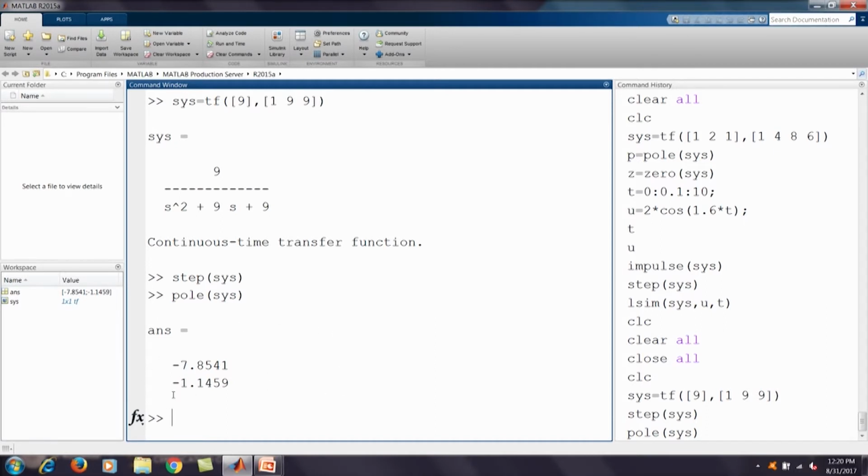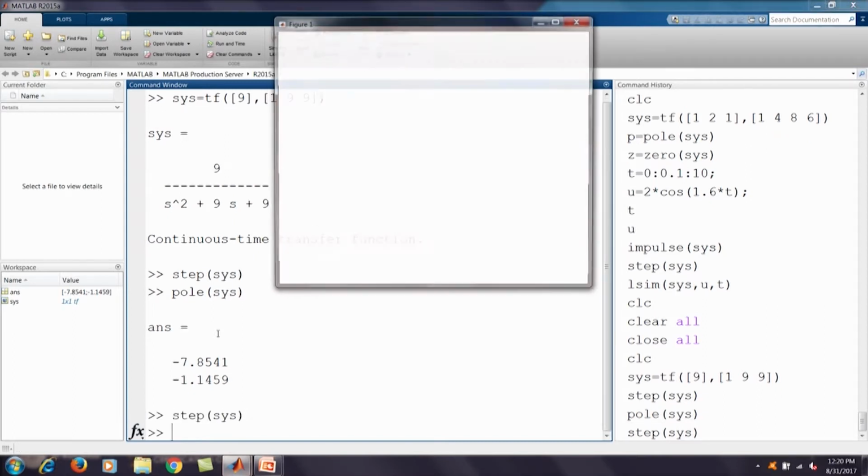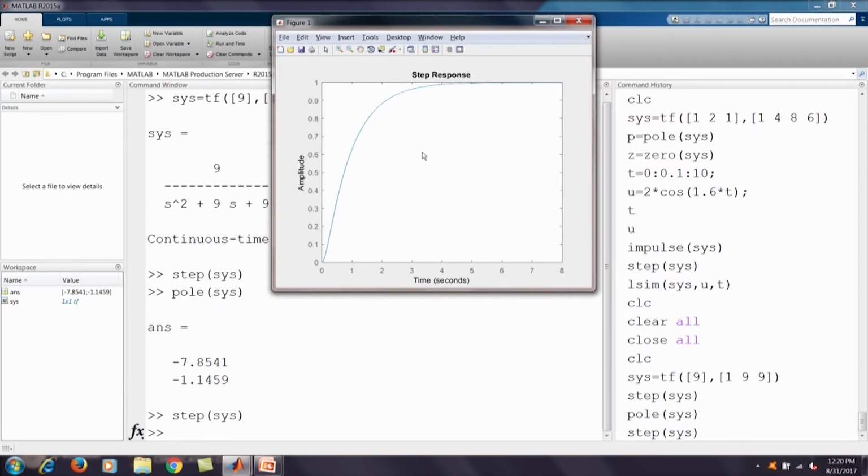We see the poles are distinct, and because this is a second order system with distinct poles, we get a response like what we got here with step(sys). So this is the response that we will get.